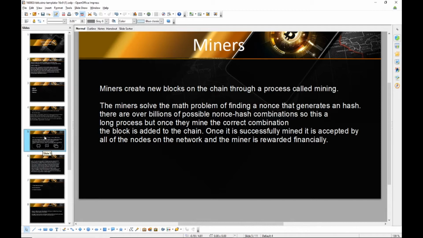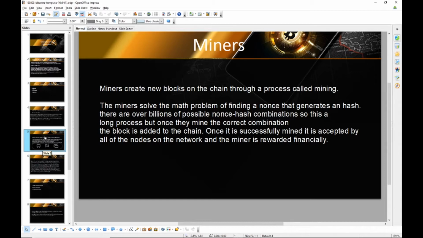And basically, this means when someone is mining Bitcoin, they're mining until a block is created. Once the block is created, they are reimbursed with Bitcoin. That's why you're starting to see a lot of mining rigs being built, a lot of mining companies being built.